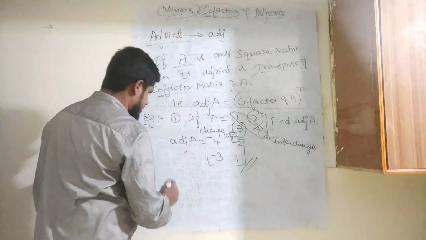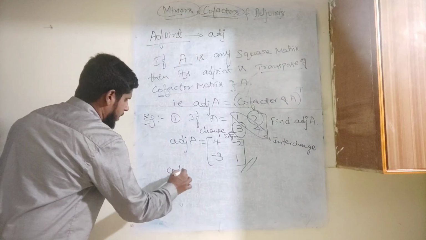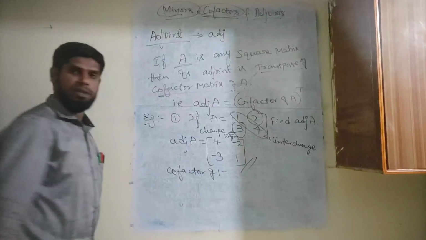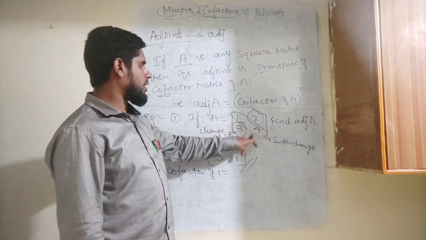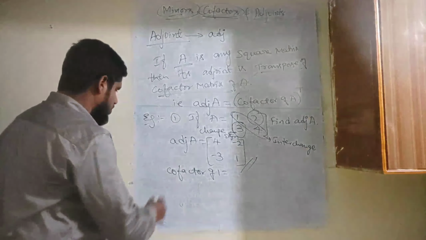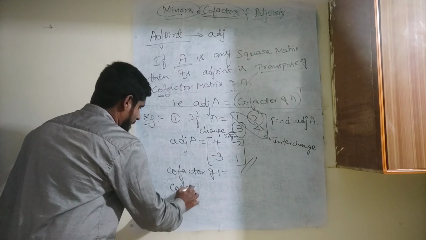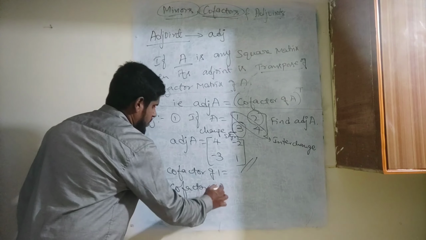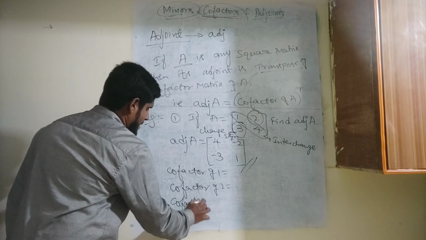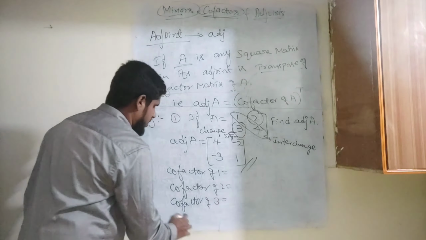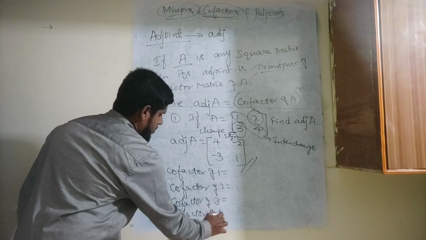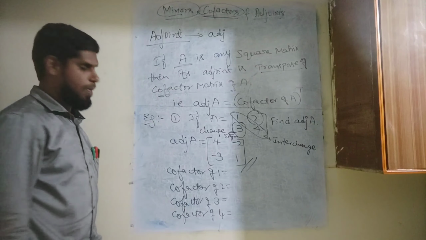So we can check here. Cofactor of 1. Since it is a 2 cross 2 matrix, the hidden signs are plus, minus, minus, plus. So first I will write cofactor of 2, cofactor of 3, cofactor of 4.